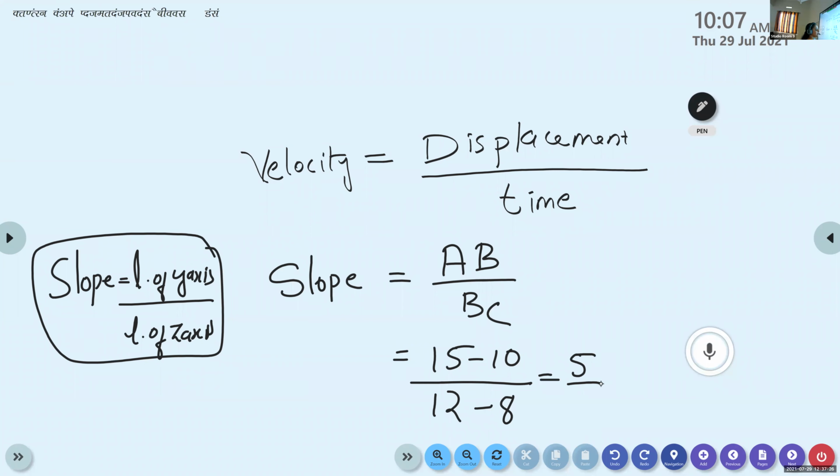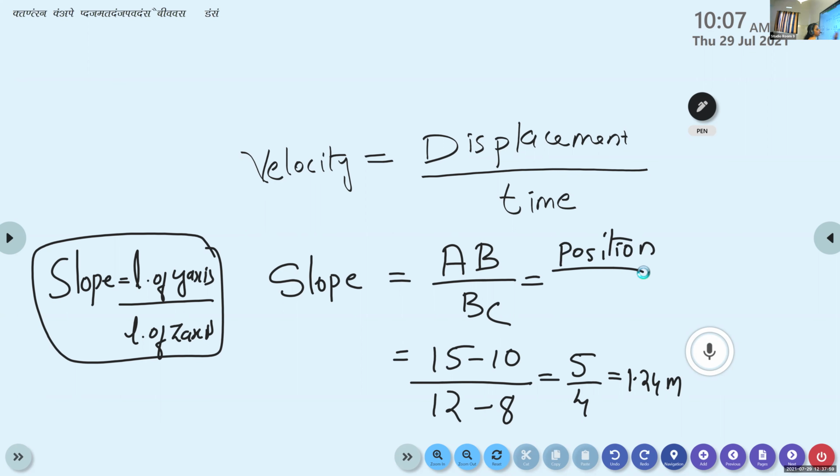Divided by 12 minus 8? 4. So what is 5 by 4? 1.25 meter.